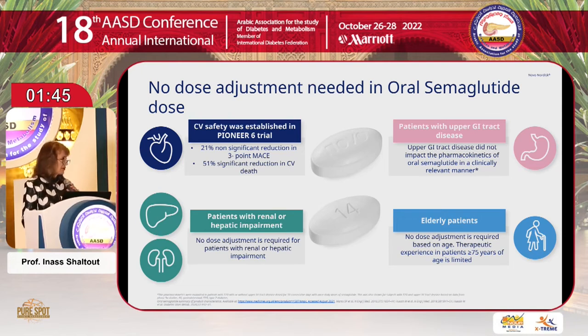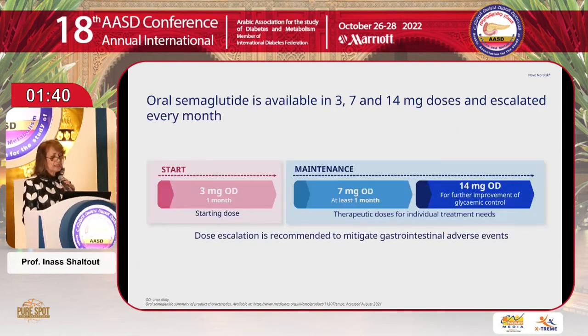In elderly patients, no dose adjustment is required. These are the 3 doses of semaglutide, 3 milligram, followed by 7 milligram, followed by 14 milligram, and dose escalation is done every month.